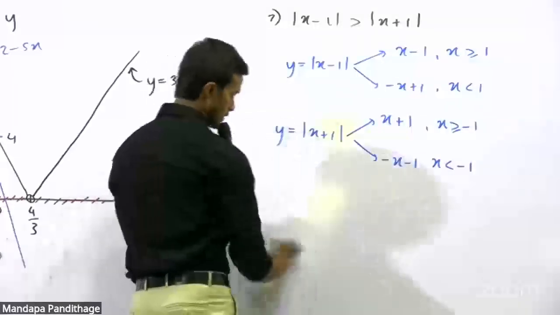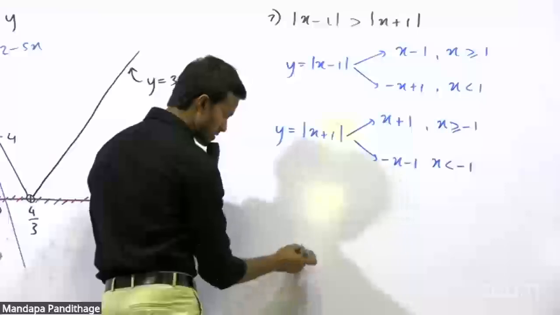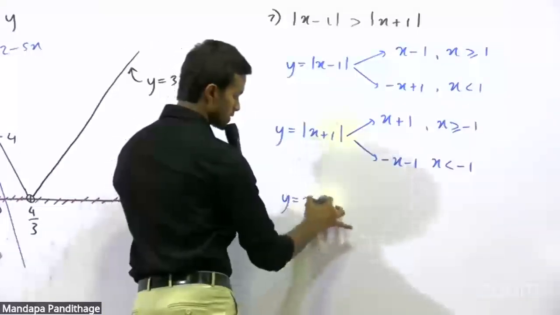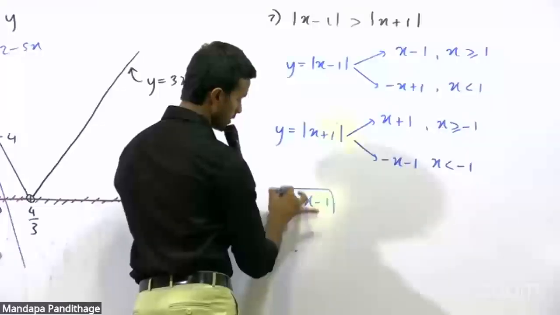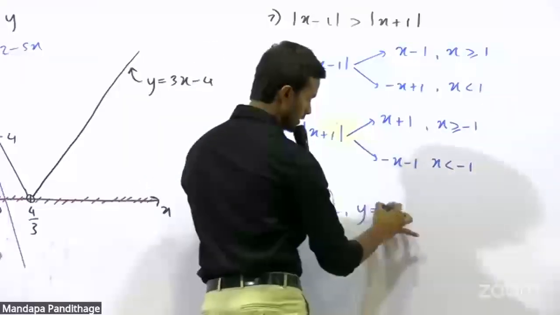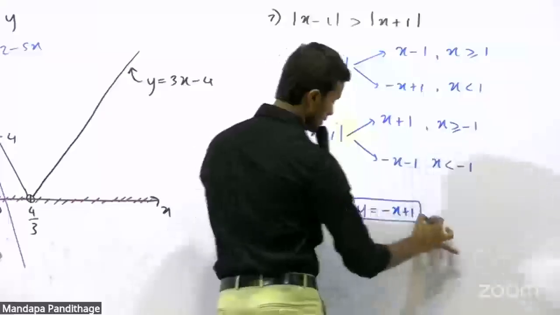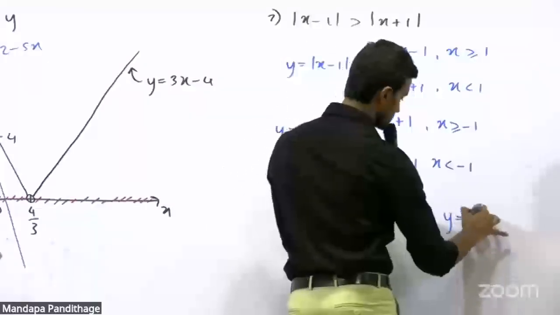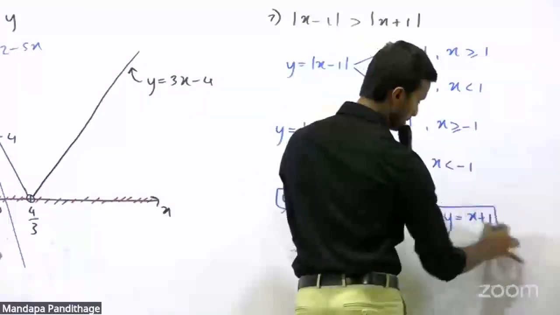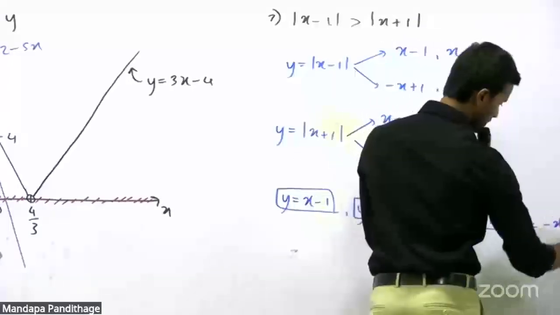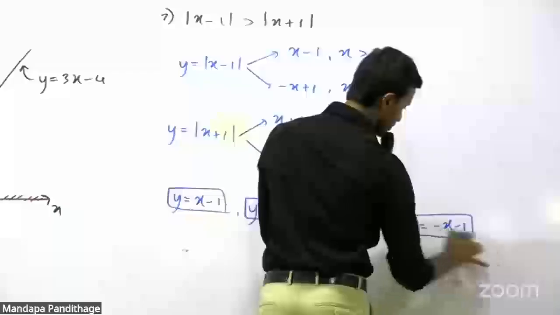Now in this case, you are supposed to sketch 4 straight lines: y equals x minus 1, y equals minus x plus 1, y equals x plus 1, and y equals minus x minus 1. Find one point, that's sufficient.